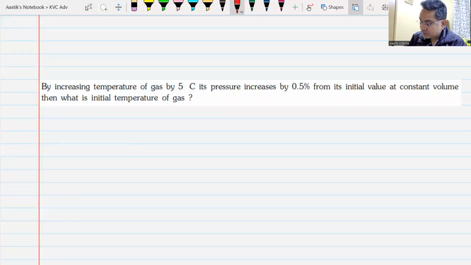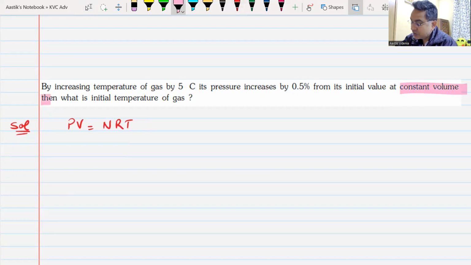How are we going to get this? Remember, PV is equal to nRT. That is how things start. It's given constant volume. Volume is constant. Number of moles do not change. R is constant.